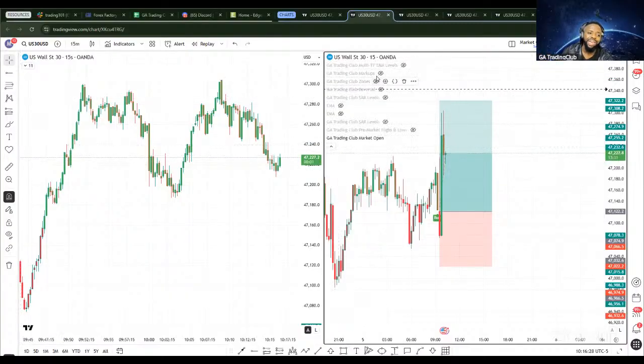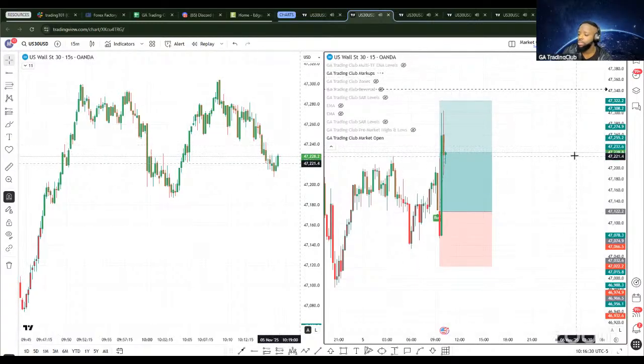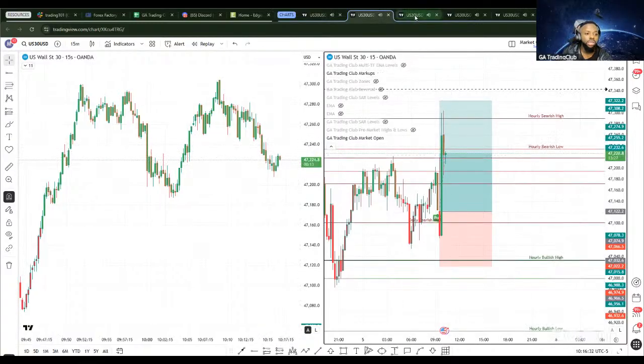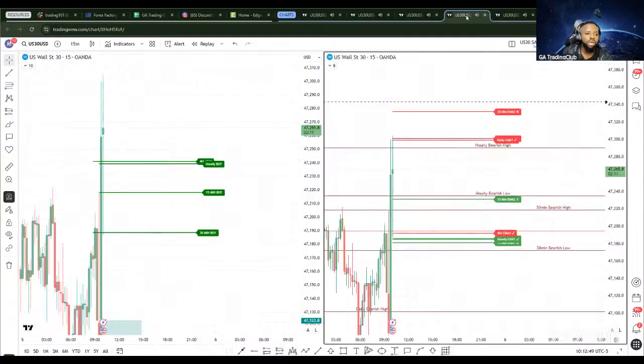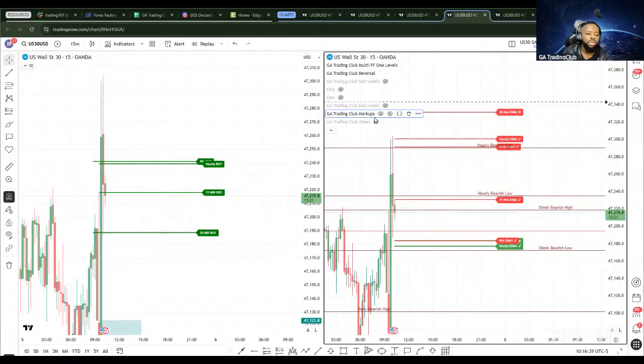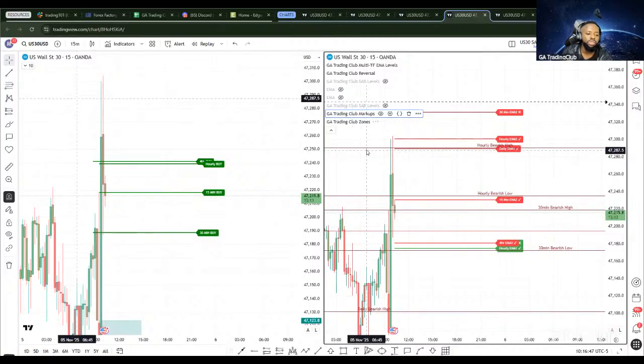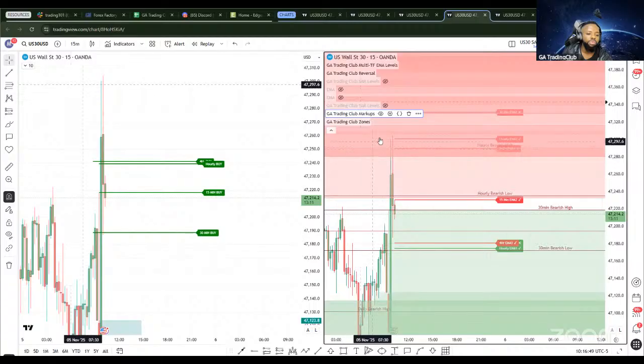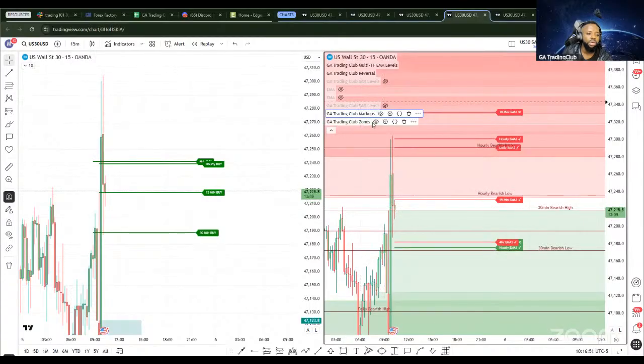The only other thing I know we're having issues breaking is all these bearish order blocks. So price can easily reverse back down from here.